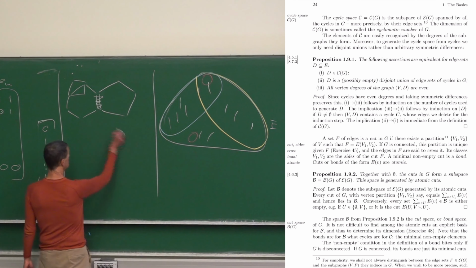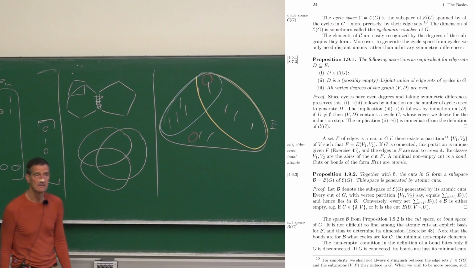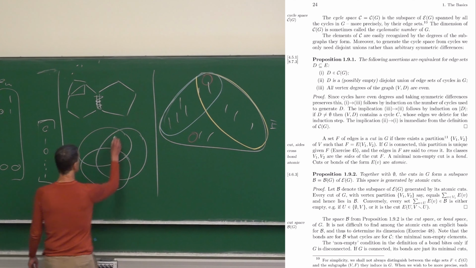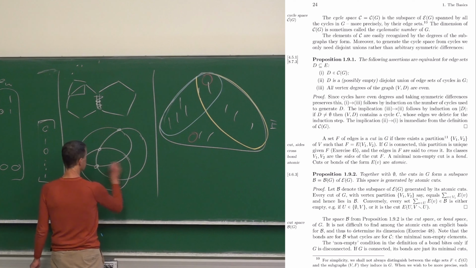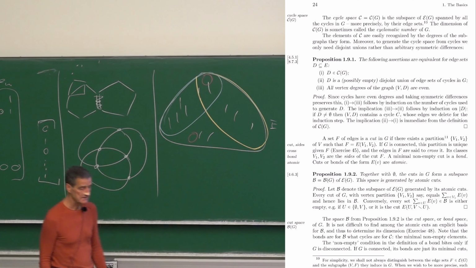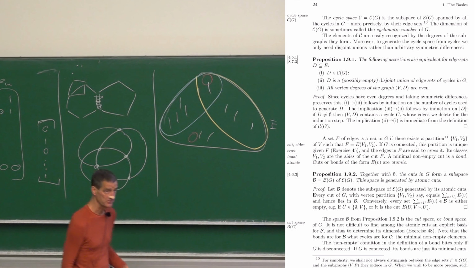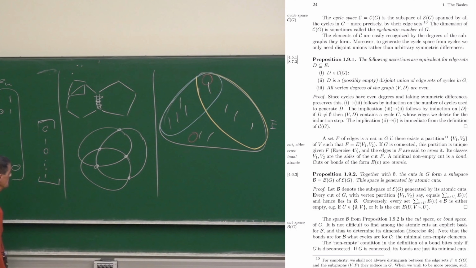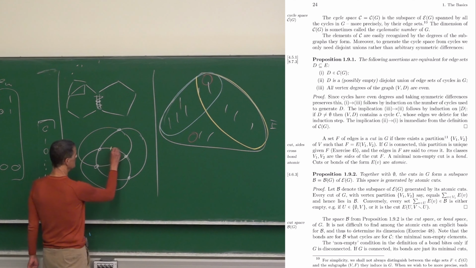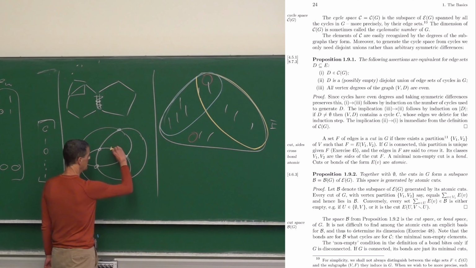And so take some subgraph whose degrees are all even, and let's try to prove that this is a disjoint union of cycles, not just a symmetric difference of cycles. Well, what do we do? We just pick an edge, and then pick an orientation of that edge, and then keep going.